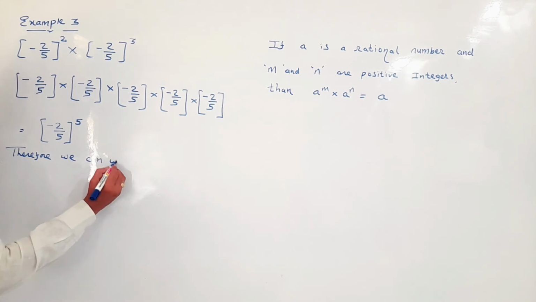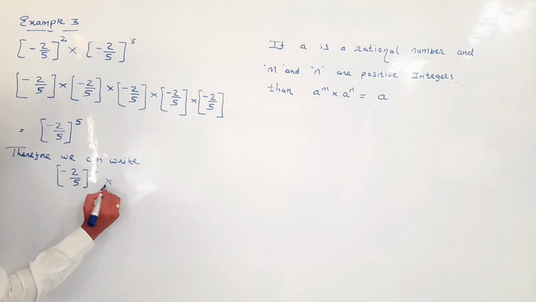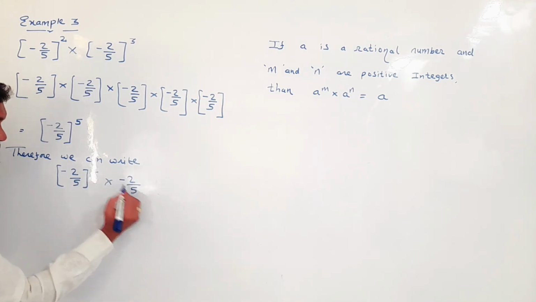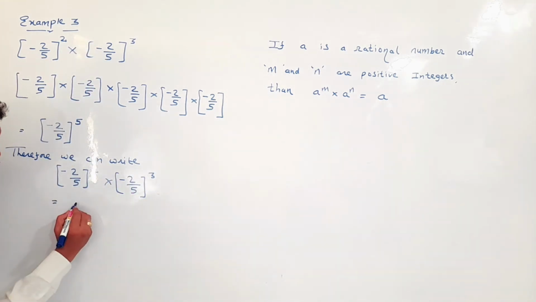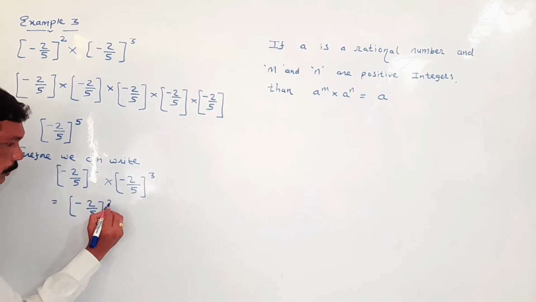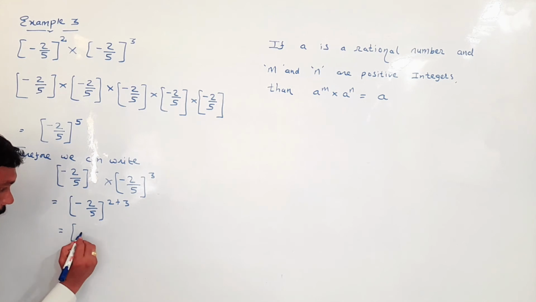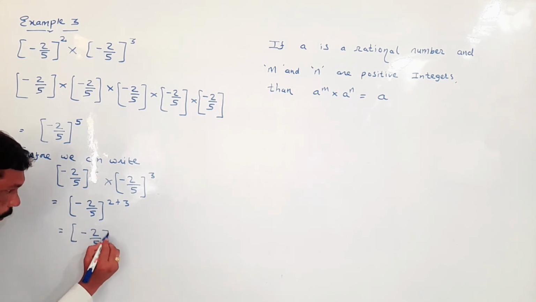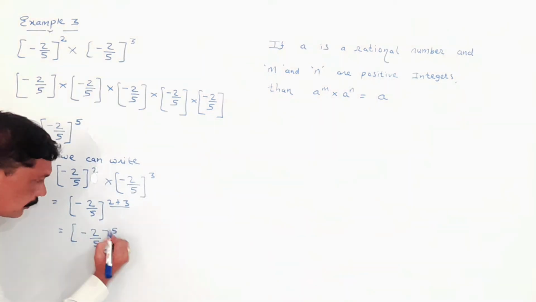Therefore, we can write minus 2 by 5 raised to 2 into minus 2 by 5 raised to 3 is equal to minus 2 by 5 raised to 2 plus 3, which is 5.